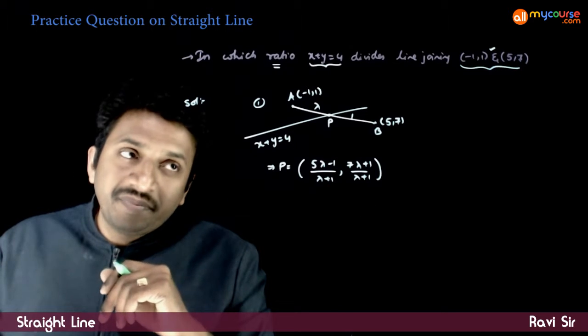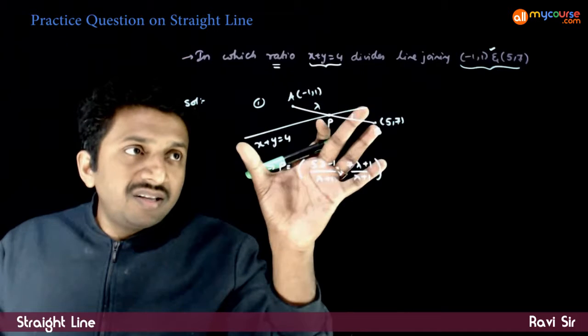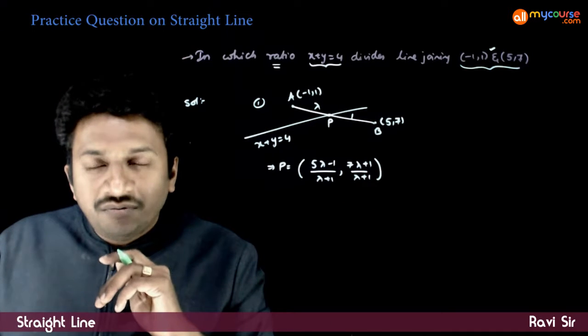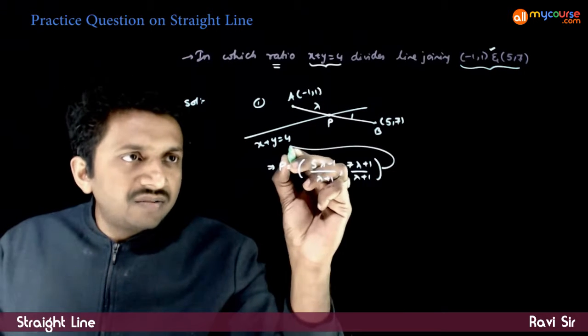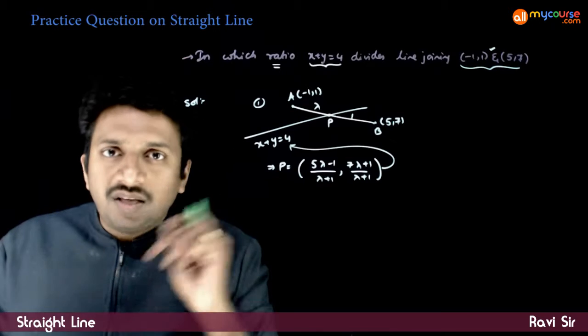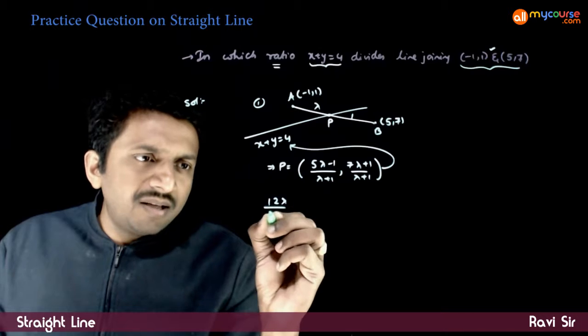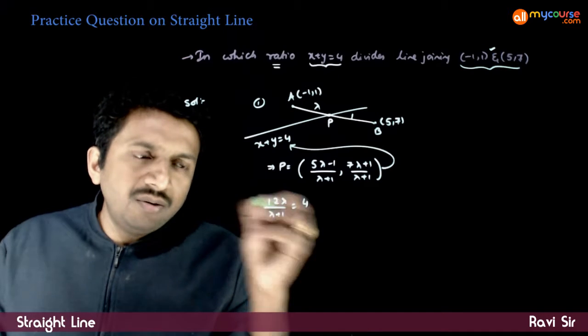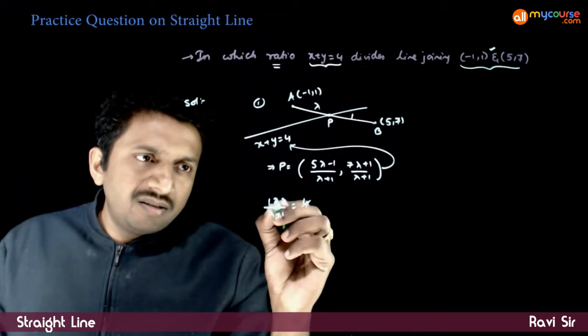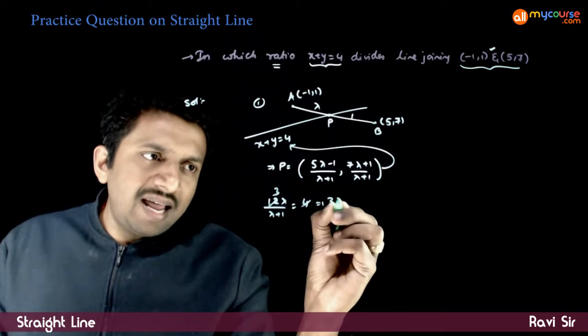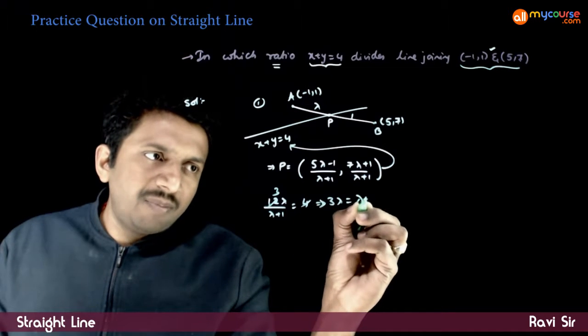Now, my P should be such that it lies on the line x plus y is equal to 4. And this has to satisfy x plus y is equal to 4. So what is the sum of these two? 12 lambda/(lambda plus 1) is equal to 4. This implies 3 lambda is equal to lambda plus 1.